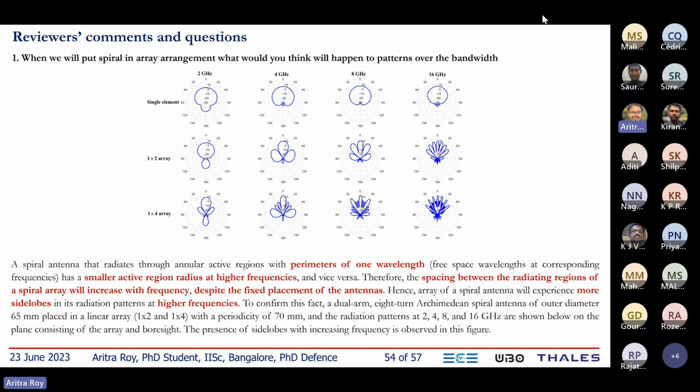So we are not changing any dimension in the array, but since the active regions are becoming small with increasing frequency, the inter-element spacing effectively increases for the spiral. So as the frequency increases, we start seeing side lobes. That is the problem with a spiral antenna array for wideband application.